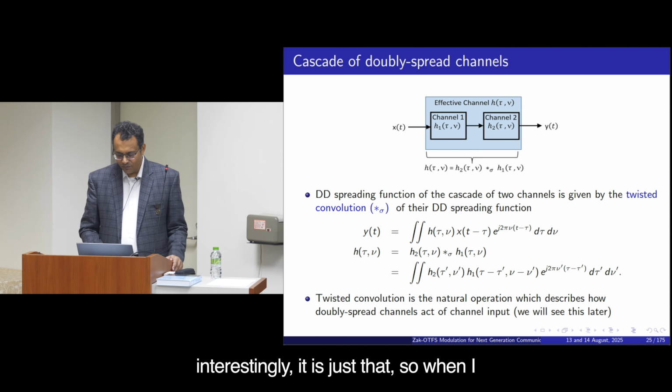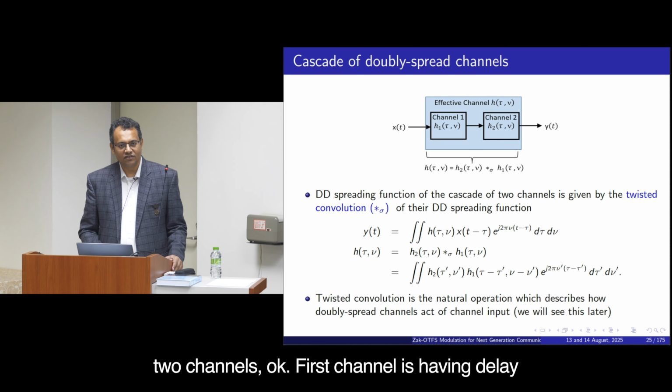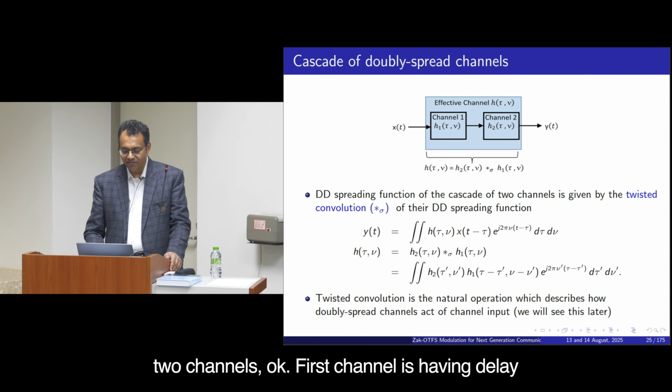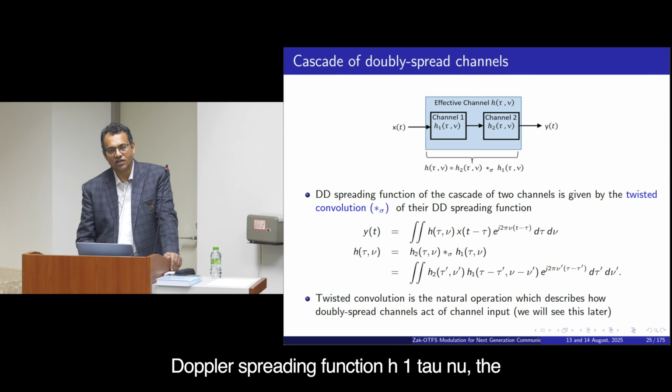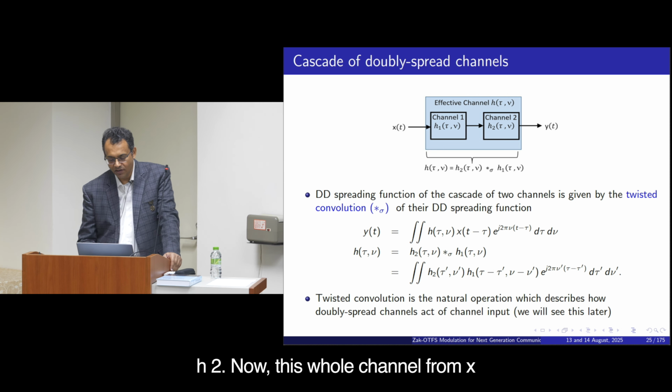So let's say this is the input to the channel, this is the output, but the channel is actually a cascade of two channels, okay? The first channel has delay Doppler spreading function h1(tau, nu). The second channel has delay Doppler spreading function h2.